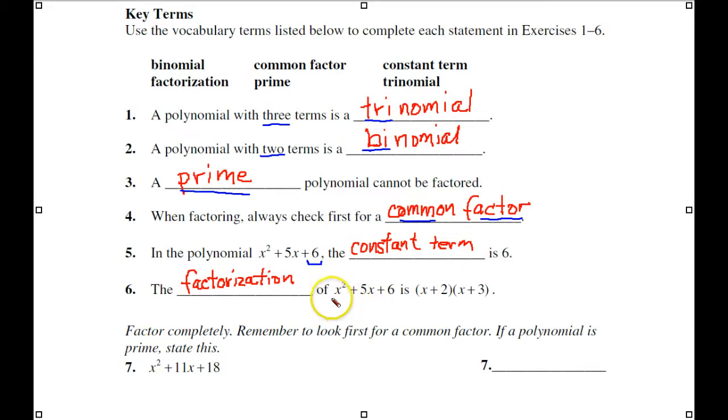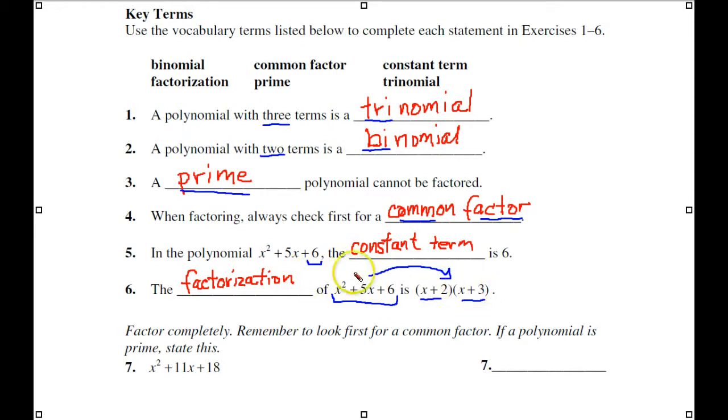Now, here's a trinomial. And we might say, well, where did that trinomial come from? Well, it came from multiplying these 2 specific binomials through probably the FOIL, and we get this trinomial. But when we start with the trinomial and we're asked to factor it, we go this way.